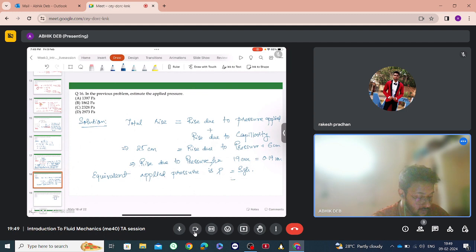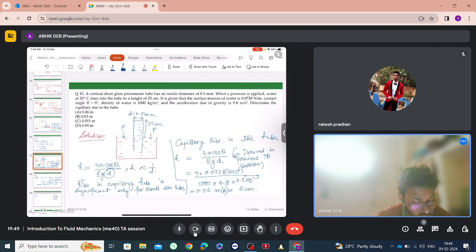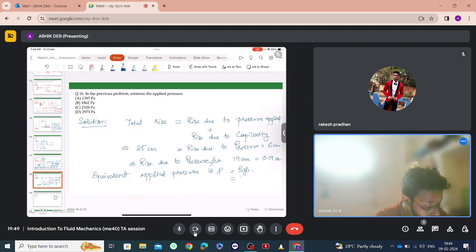So what is rho here? Rho is 1000 into 9.81 into 0.19, and this comes out to be equal to 1862 Pascal. That is option number B.